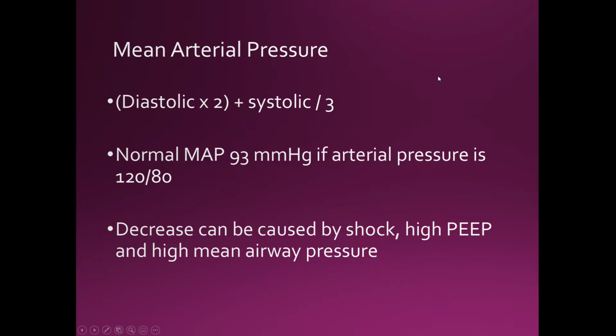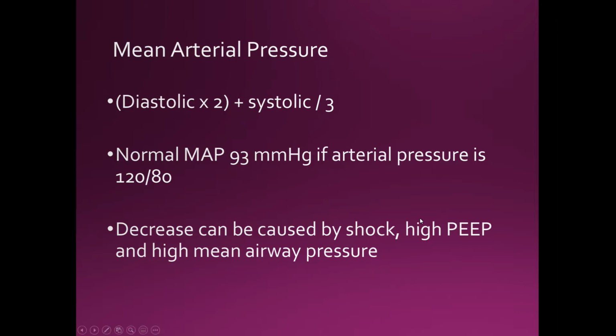So, mean arterial pressure is calculated as 2 times the diastolic plus the systolic, divided by 3. So there are 2 diastolic numbers plus the systolic; it gives you 3 numbers. Now, a normal mean arterial pressure is 93 if the blood pressure is 120/80. Okay, so if blood pressure is normal, then your mean arterial pressure is 93.